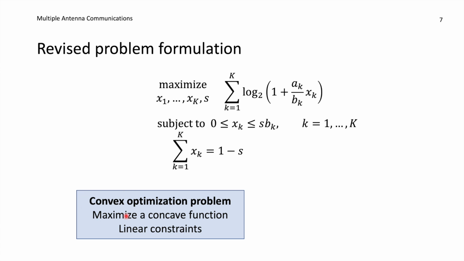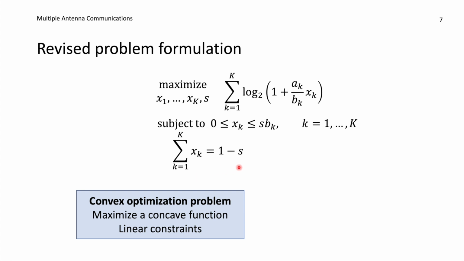And we call it convex optimization because maximizing a concave function is the same thing as minimizing minus that function, and that function is convex. So we usually refer to these as convex optimization problems. And to obtain a convex optimization problem, these constraints also need to be convex constraints.